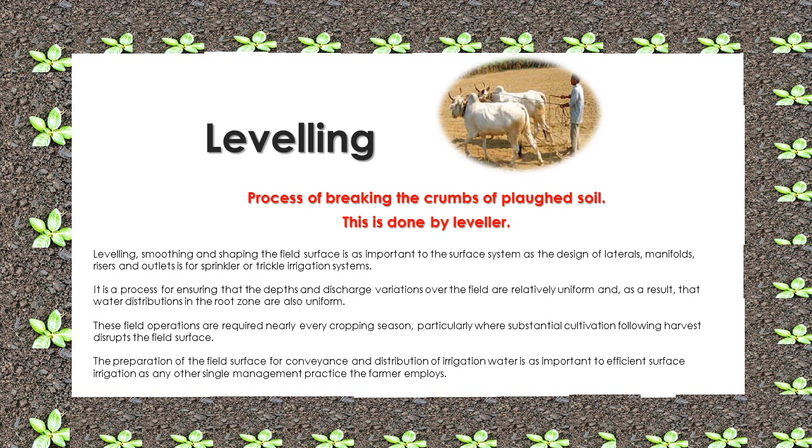It is important to the surface irrigation system, as is the design of laterals, manifolds, and risers of outlets of sprinkler or trickle irrigation systems. It is a process of ensuring that the depth and discharge variation over the field are relatively uniform, and as a result the water distribution in the root zone is also uniform.